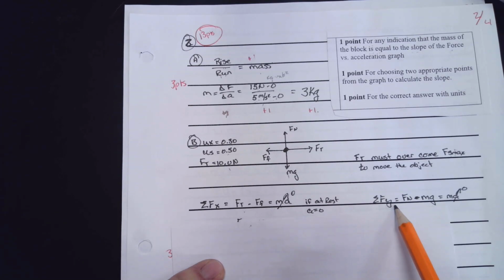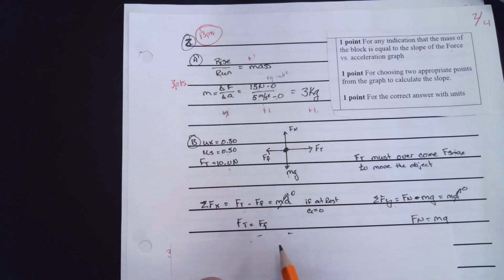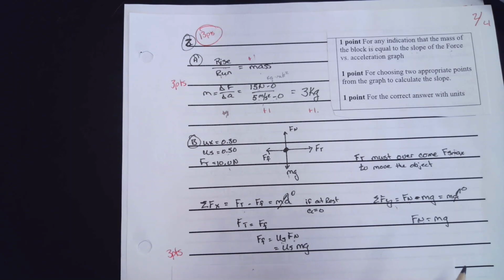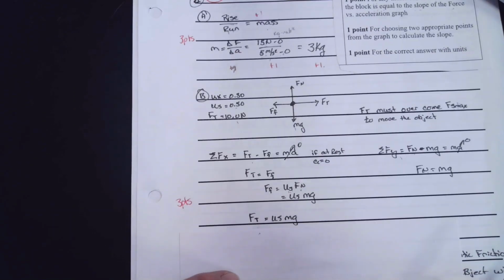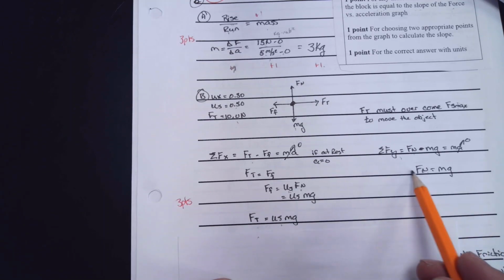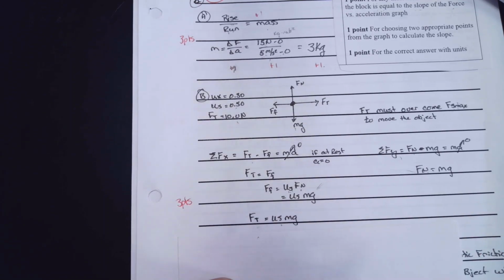The sum of the forces in the y direction, because why do I have to do this? Because I know static or friction in general is equal to the friction coefficient, the texture, times how hard it's being pushed down. Well, the only place I can get that is the normal force from the y direction. So the tension is equal to, I took this value, put it into there.